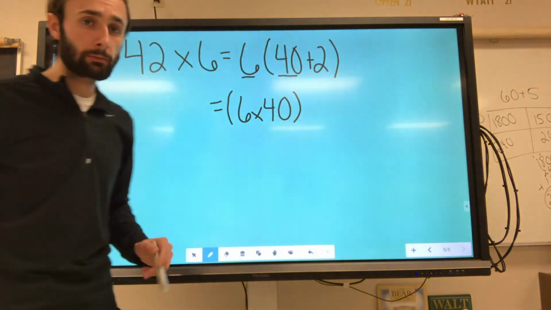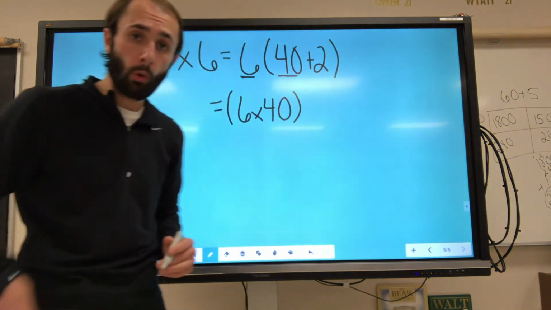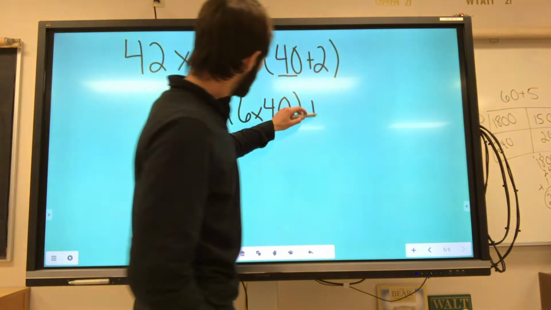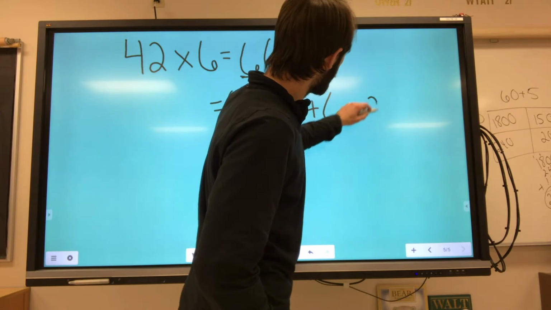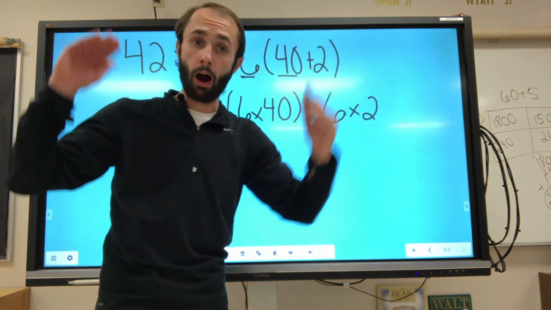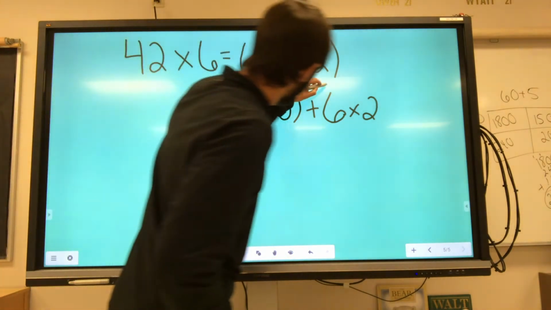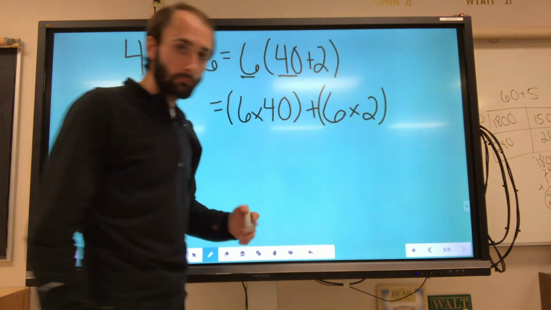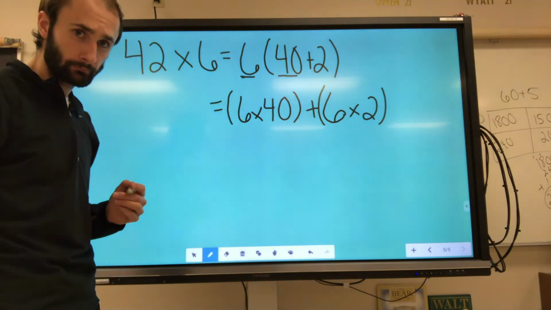And then we need to multiply the 6 times the 2, but we have to add an addition sign in between. 6 times 2. We need the parentheses. My ink pen is getting a little dry. There we go.